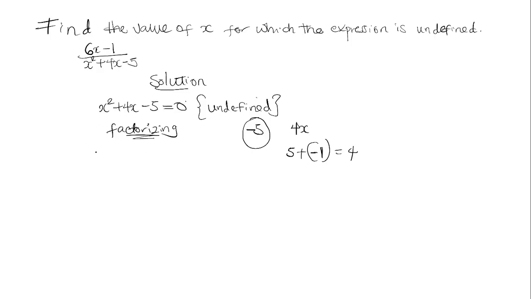So we'll be having x squared minus x, so that is the 1, plus 5x minus 5 equal to 0. Looking at this, you will notice that minus x plus 5x will still give us 4x. So when you do minus x plus 5x, it must still give you 4x here. Then we have our minus 5 equal to 0.